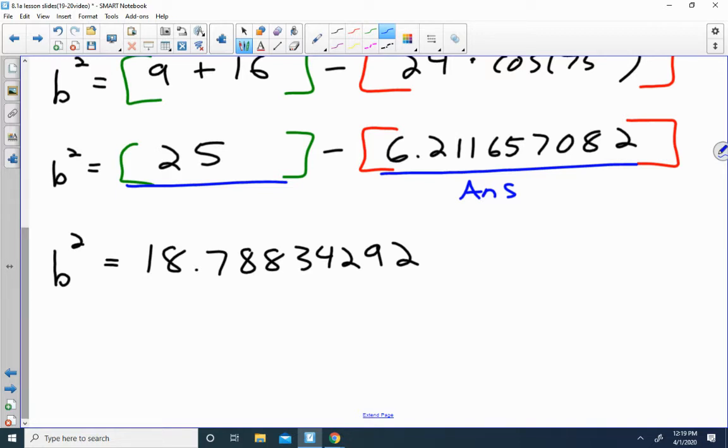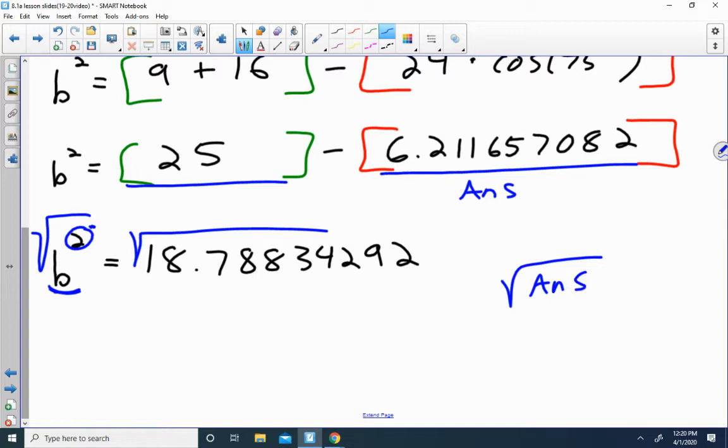And once you get here, we're almost done. Remember, this isn't our final answer yet. We want little b, not little b squared. We're going to have to take care of that square, and you probably already guessed, by taking the root. So now, in your calculator, you'll do root of previous answer.